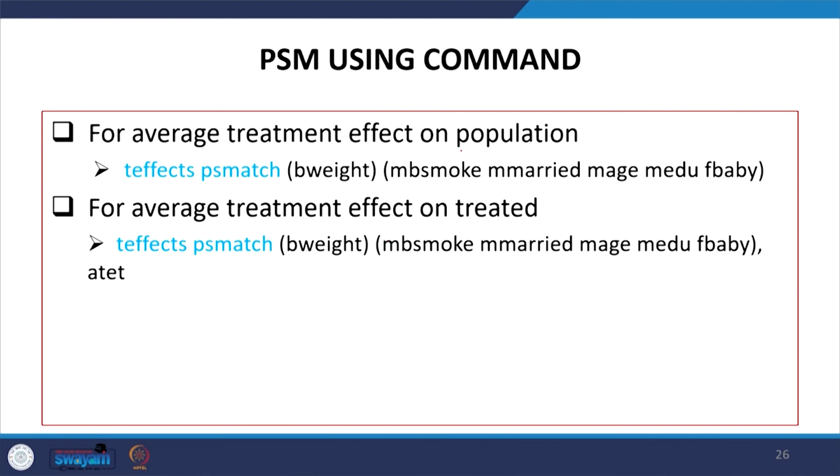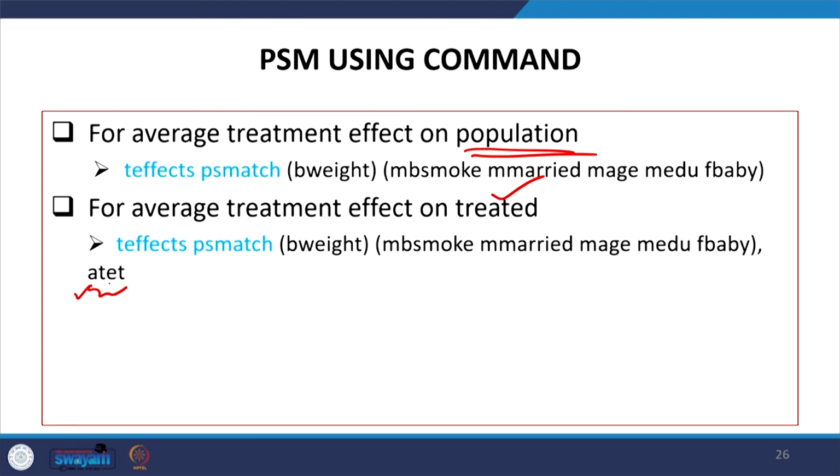Now, this is on the population. We have already clarified the difference between the population and the treated group. You can also find the result for the treated group within the group, using teffects psmatch. The rest is the same; the difference is that we need to specify which one we are going to find.